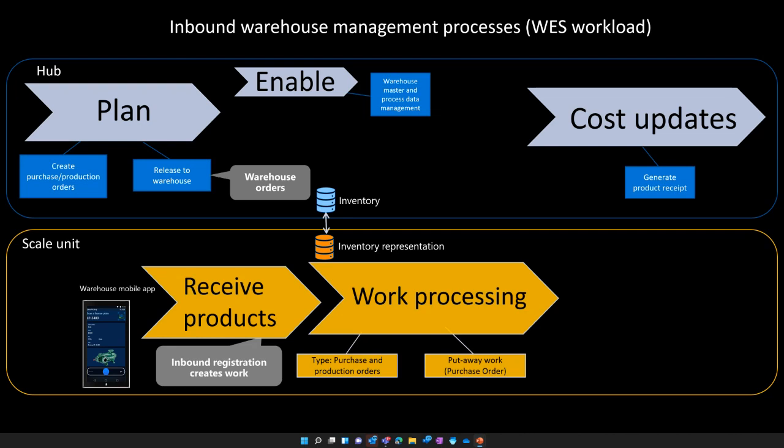So orders, the planning phase, will always be performed on the hub, and then we will execute that release to warehouse in order for those warehouse orders to be created. That's the mechanism that drives the synchronization between the hub and scale unit. So that is a required step to be performed on the hub, so that synchronization can occur.